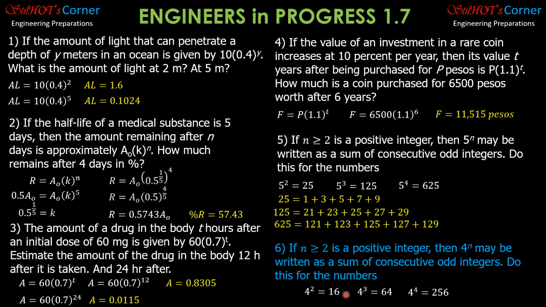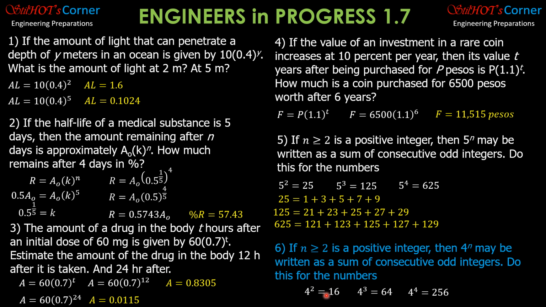So x plus 2, x plus 4, x plus 6. So that's it. 16 minus the quantity 2 plus 4 plus 6 is 4, divided by 4, so 1.